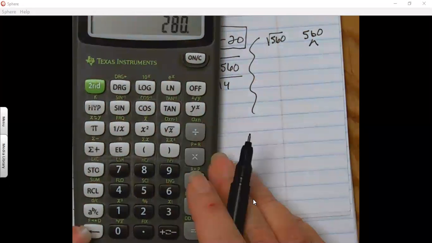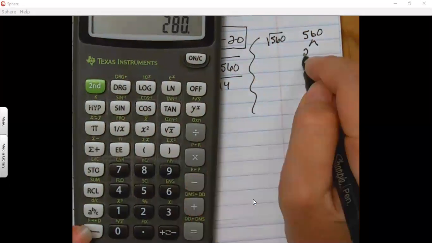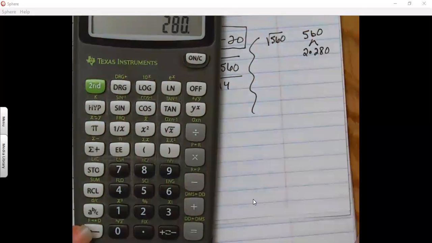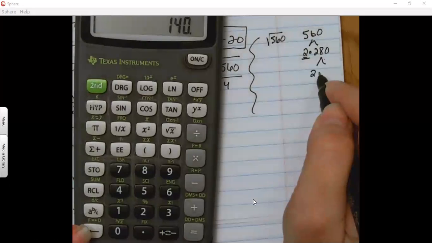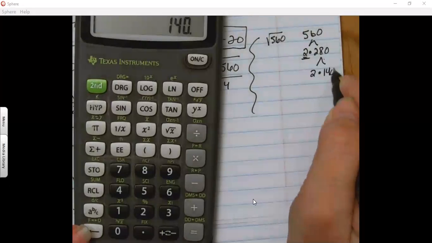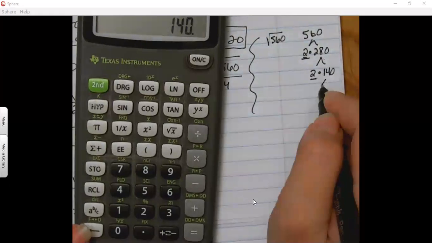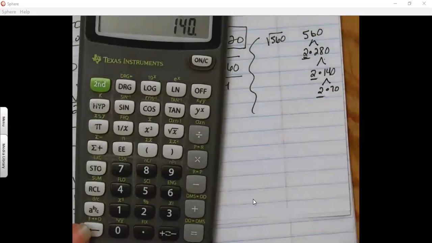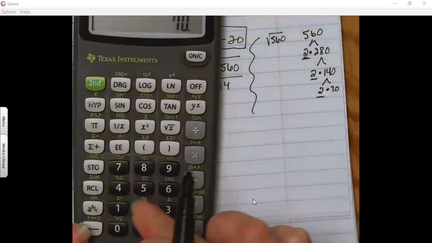So if 560 divided by 2 is 280, that means 2 times 280 are factors. 2 is prime. 280, divide that by 2, 140. So I'm going to break that down to 2 times 140. 2 is prime. 140 is 2 times 70. 2 is prime. 70 divides by 2, 2 times 35.